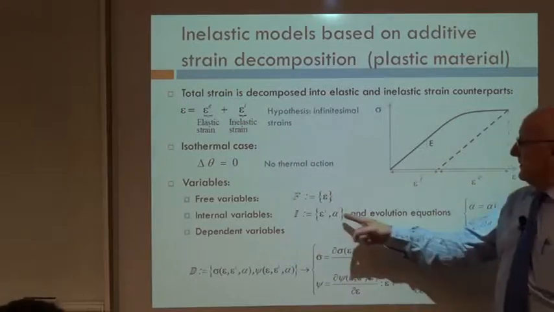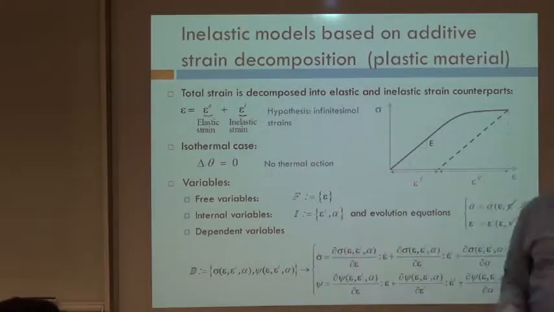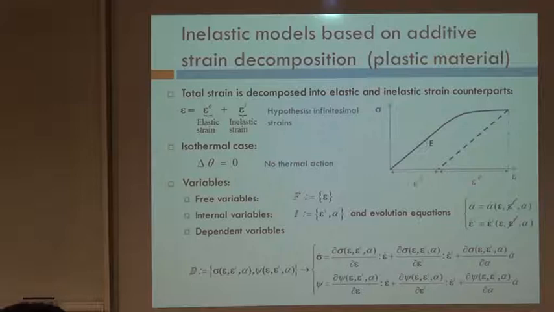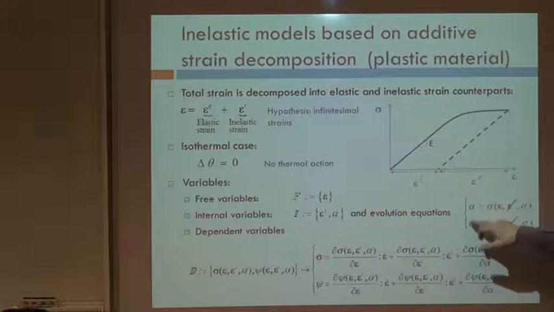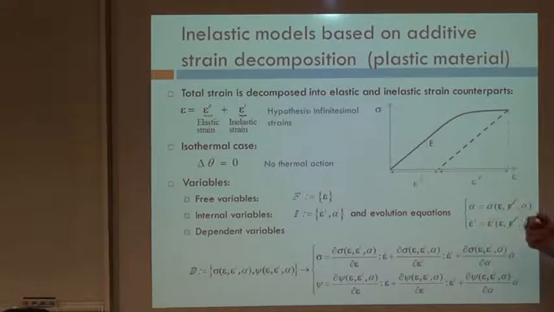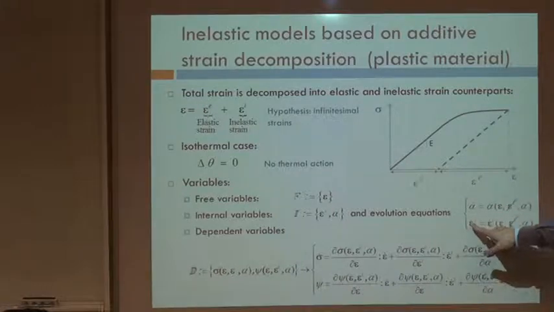Of course, as we have the internal variables, immediately we have to look for something else, which is the evolution equations. And evolution equations, in the most general framework, say that the evolution of these internal variables, alpha dot and epsilon dot I, have to be a function of the free variables and the internal variables themselves.